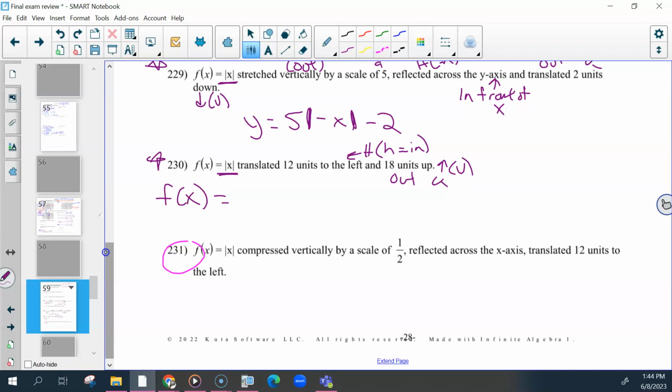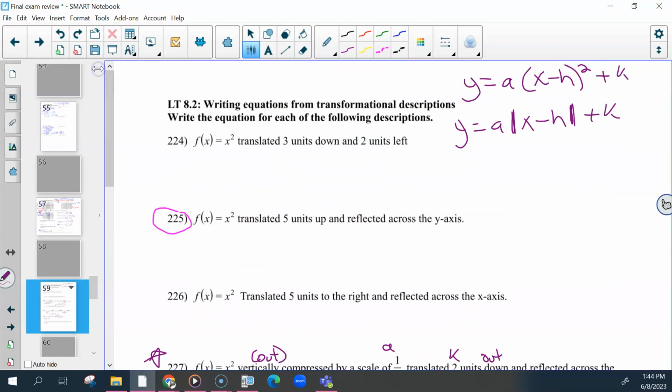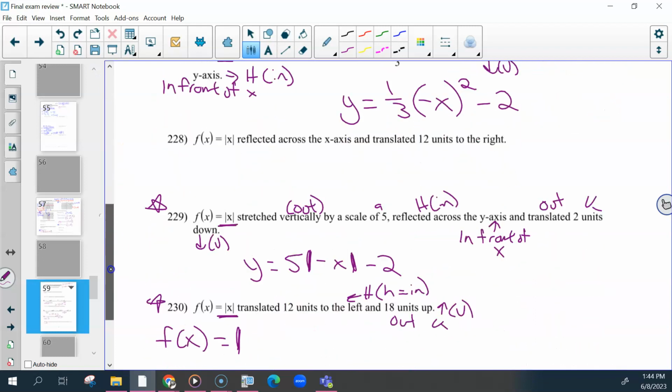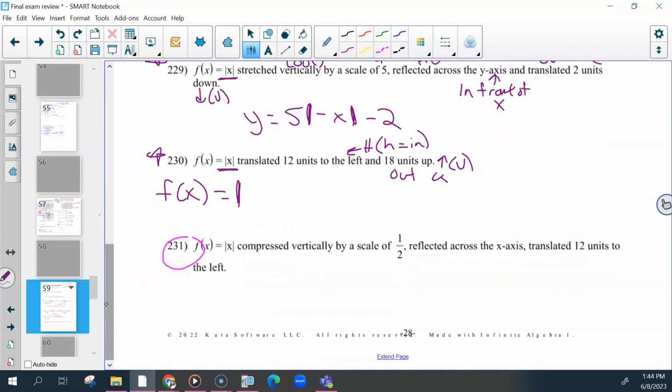We don't have an a, so 1 or nothing. Whatever you think this is, it is moving to the left, so you probably think it's going to be negative, but when you put the negative in here, it becomes positive. So it's always opposite. So x plus 12, and then 18 up, plus 18.